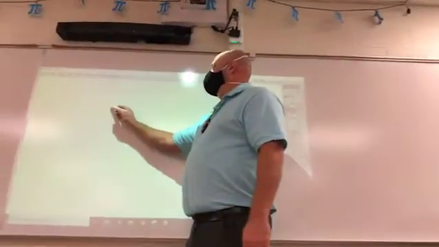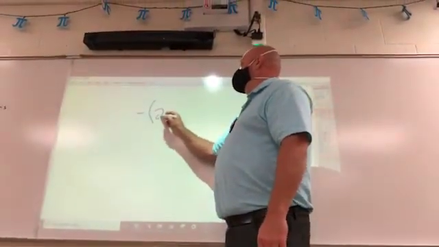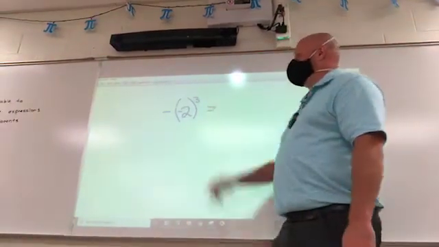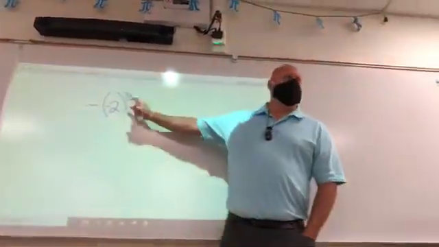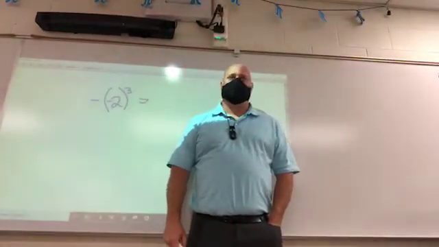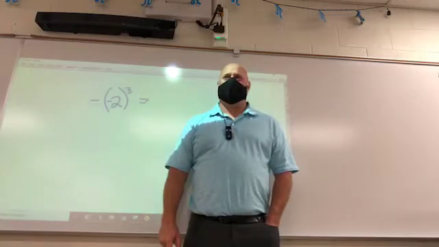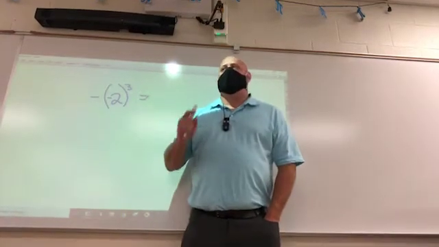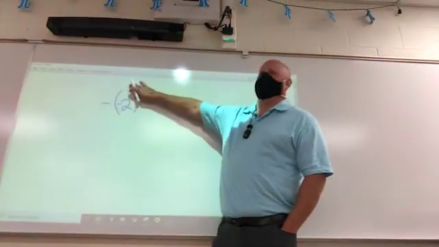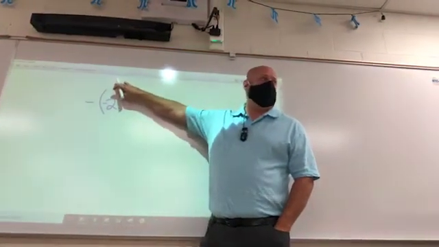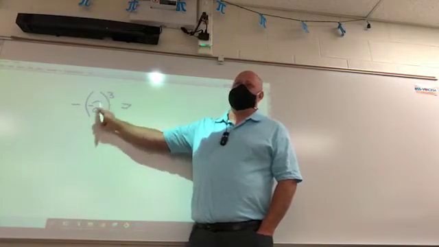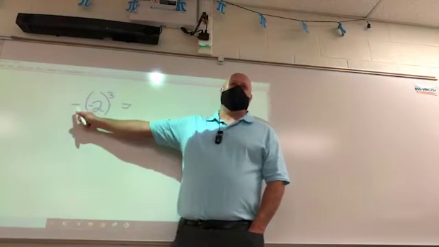Now, what if I gave you a problem like this? Do those 2 negative signs cancel each other out? No. Because if that 3 wasn't there, would you do a negative times a negative as a positive? You would. But we know order of operations. Do you take care of exponents first or do you multiply first?